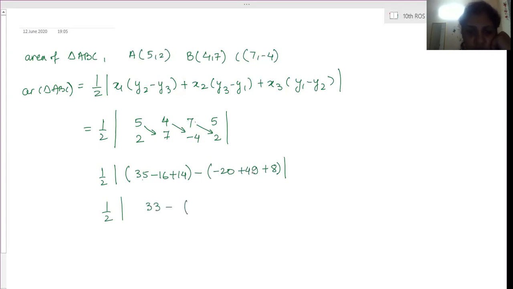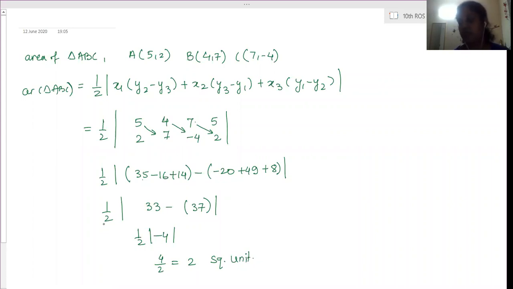Minus of 49 plus 8 is 57. Plus 57 minus 20, 37. So 33 minus 37 is minus 4. But this is the absolute sign, so when it comes out, it is plus 4 by 2, which is 2 square units, the area.